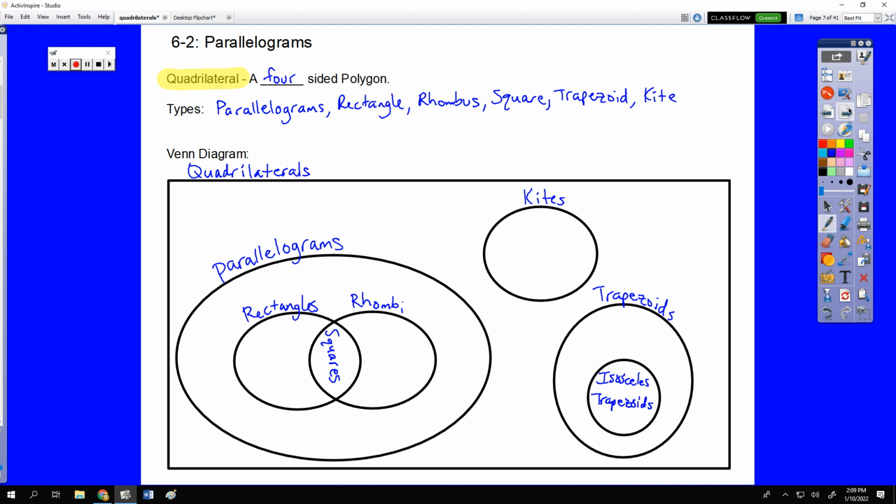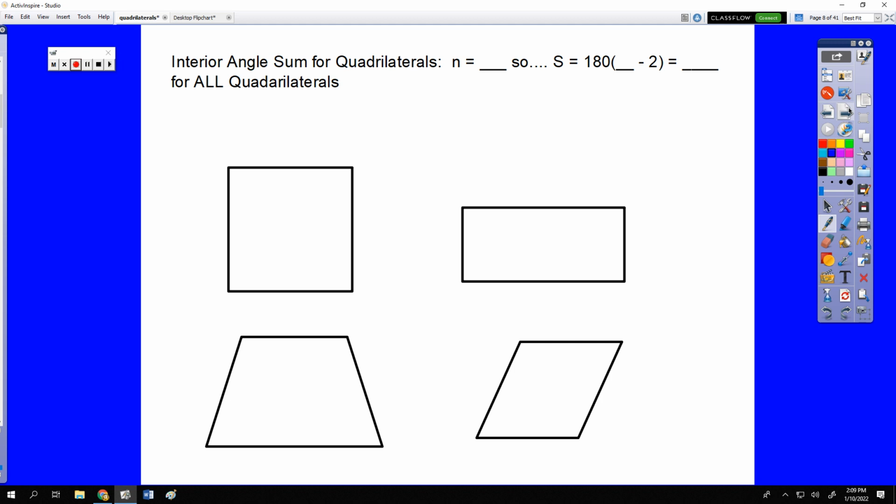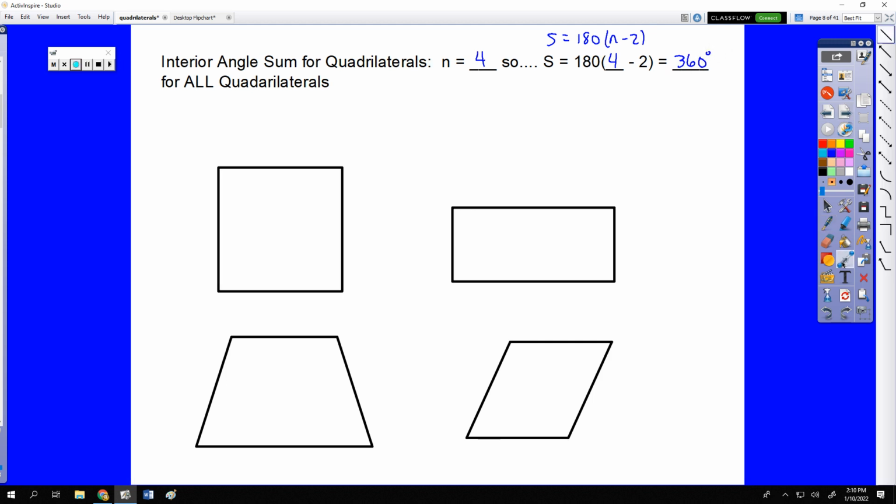Now, all quadrilaterals have several properties, the first of which being they're quadrilateral, so they have four sides. In addition, every quadrilateral has the same interior angle sum. Since the number of sides in every quadrilateral is equal to 4, the angle sum, which can be given by the equation S equals 180 times n minus 2, as we discussed in the previous section, would be 180 times 2, meaning that every single quadrilateral adds up to 360 degrees.